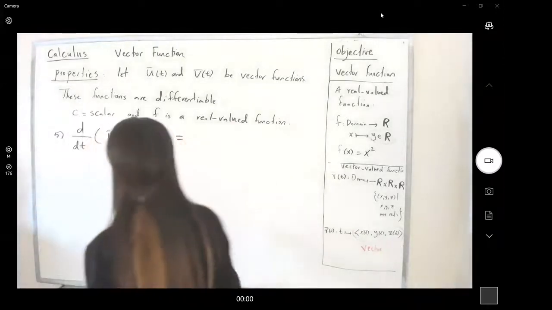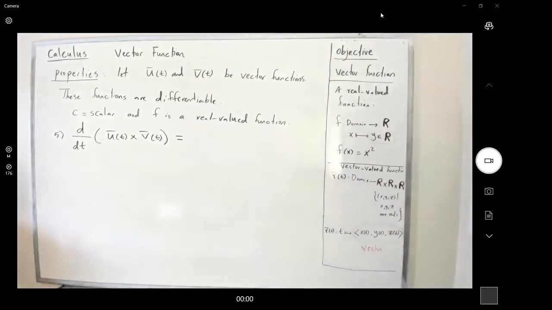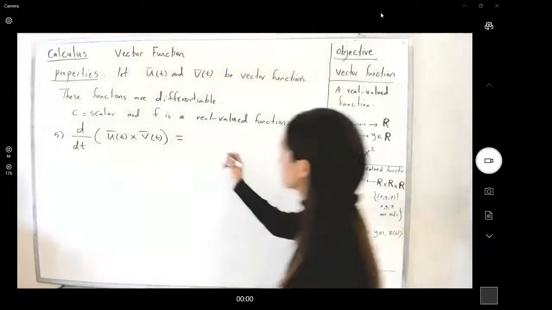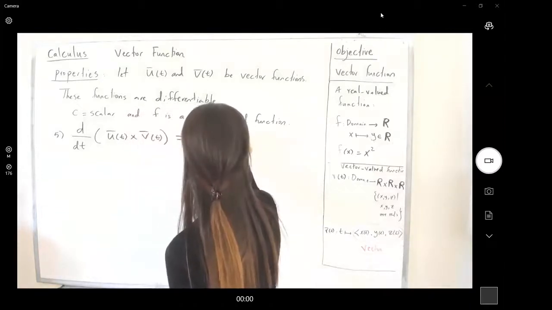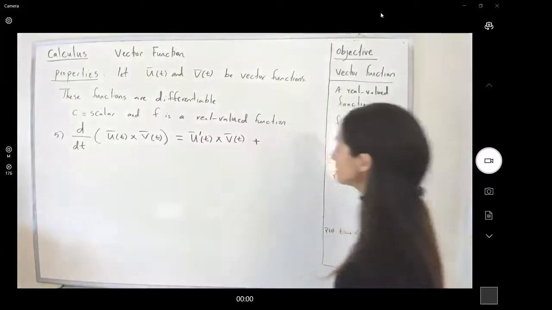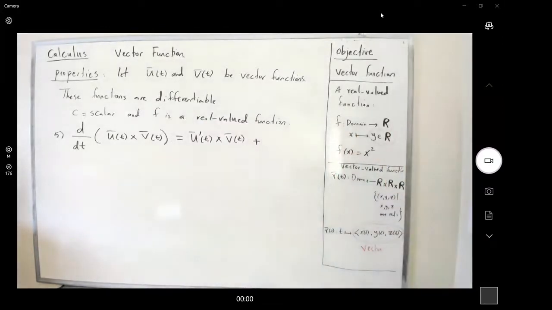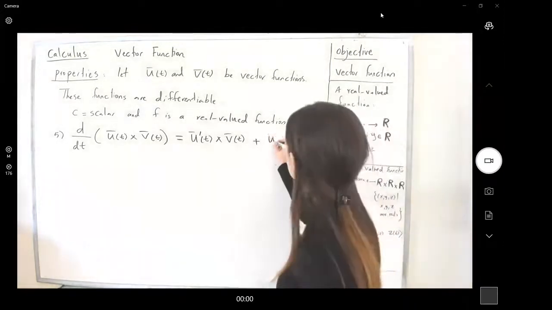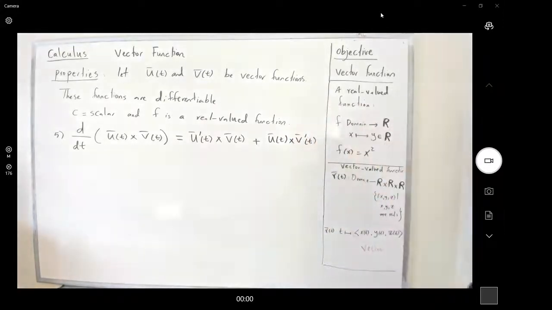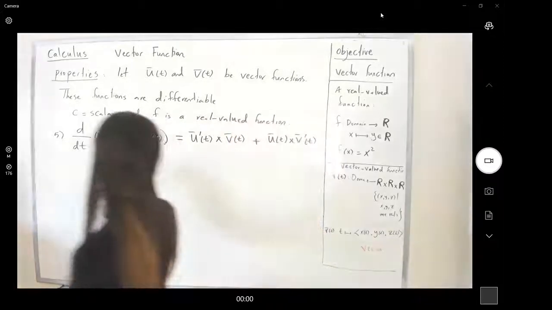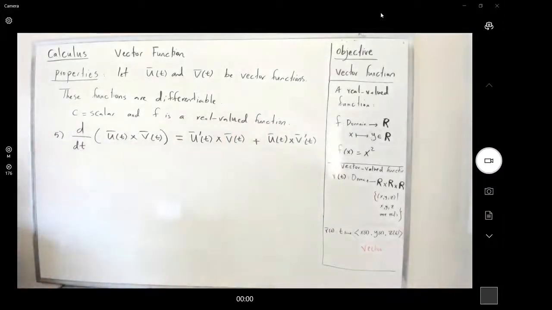It is equal to the derivative of u cross product v plus u cross product the derivative of v. So in a sense, it's similar to applying the product rule, but note that here we have the cross product between them.